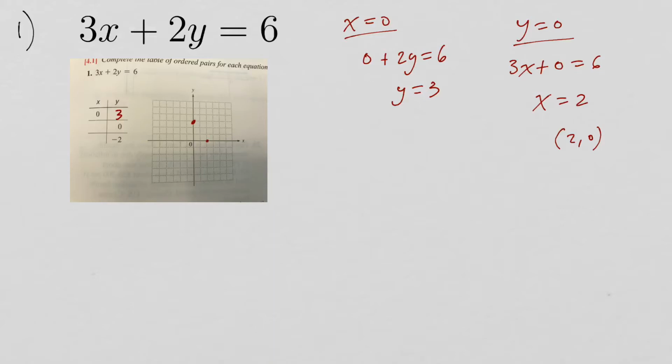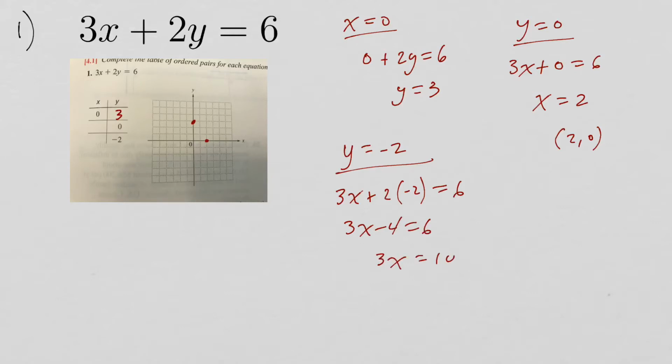So that's right there. And finally, when y is equal to negative 2, we have 3x plus 2 times y is equal to 6. So 3x minus 4 equals 6. 3x equals 10. So x equals 10 thirds, or about 3 1/3.